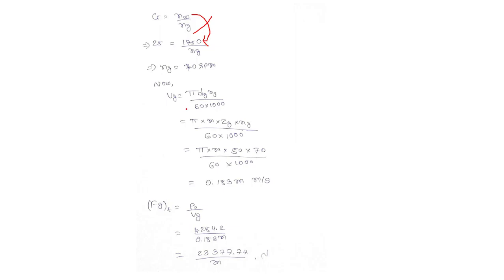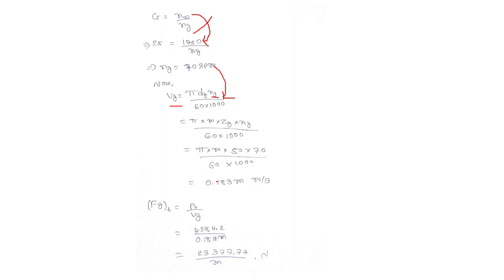Now it's time for the pitch line velocity. The equation of pitch line velocity is pi dg Ng upon 60 into 1000. We know the value of Ng, which we derived here, and dg is m into zg.